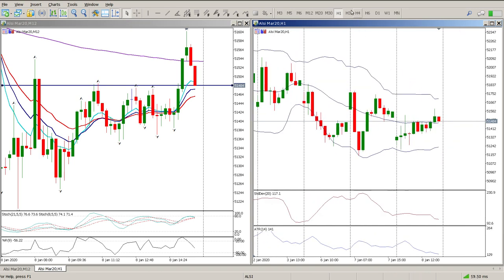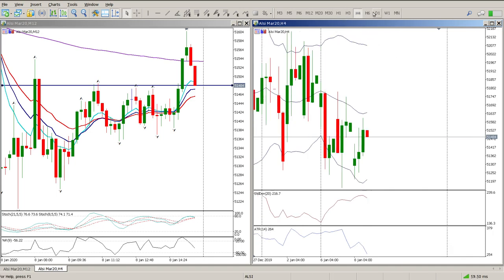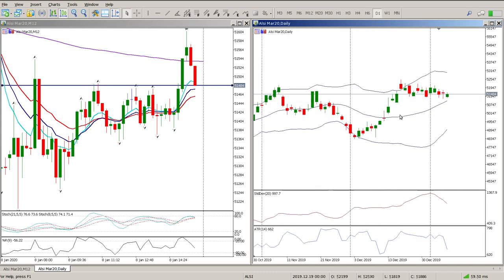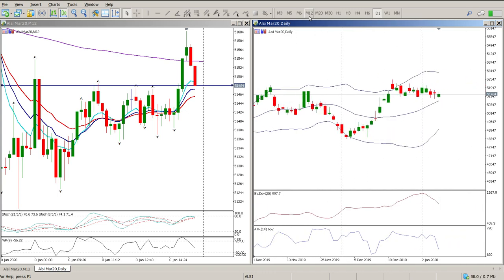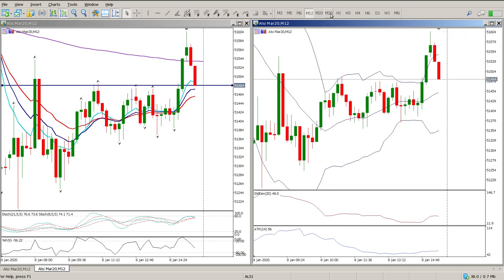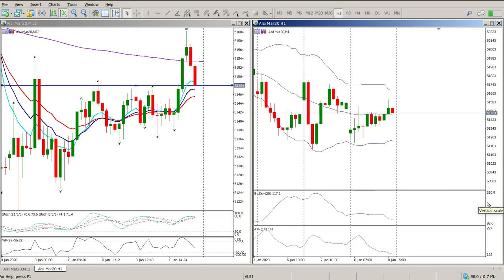So we are getting a little bit of a Bollinger squeeze coming together on the 3 hour and 4 hour, not so much on the daily, or a little bit happening on the daily at the moment, but nothing significant. I think the smaller time frames are the ones we need to watch, pretty much what's happening on the hour right now.